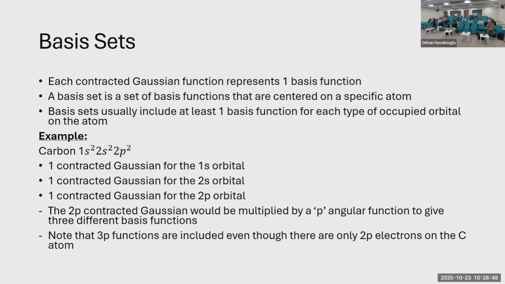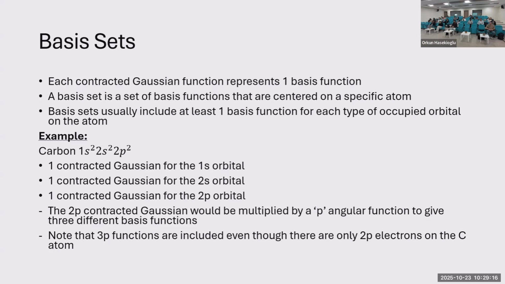So when it comes to basis sets, each contracted Gaussian function represents one basis function. A basis set is a set of basis functions that are centered on a specific atom. Basis sets usually include at least one basis function for each type of occupied orbital on the atom. So when I have, for example, the carbon atom, I have the electron configuration 1s2, 2s2, 2p2, right?